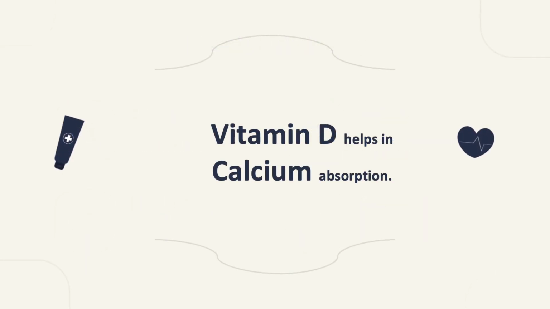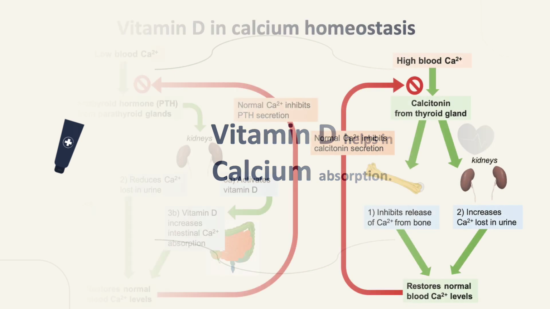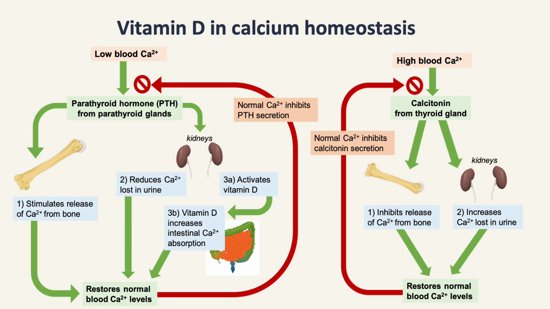Now, the major concept to understand is how vitamin D helps in the absorption of calcium, or how vitamin D and calcium are interrelated. Vitamin D in calcium homeostasis means vitamin D helps in maintaining the calcium level in our blood. How? When we have a low calcium level in our blood due to any dietary intake deficiency or any kidney diseases or any other cause, the low calcium level activates the parathyroid gland.